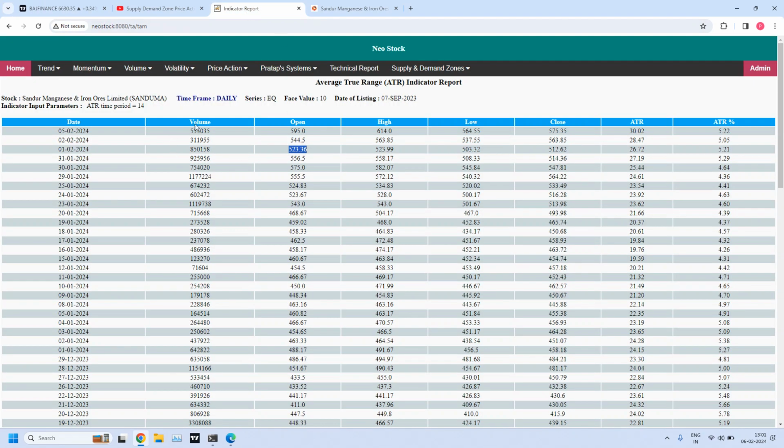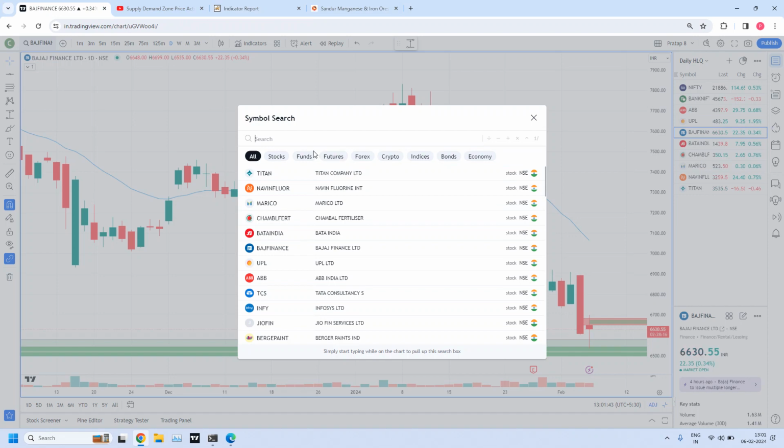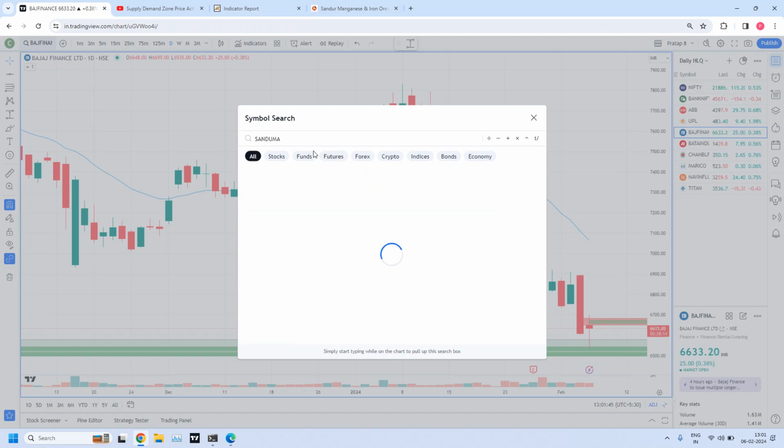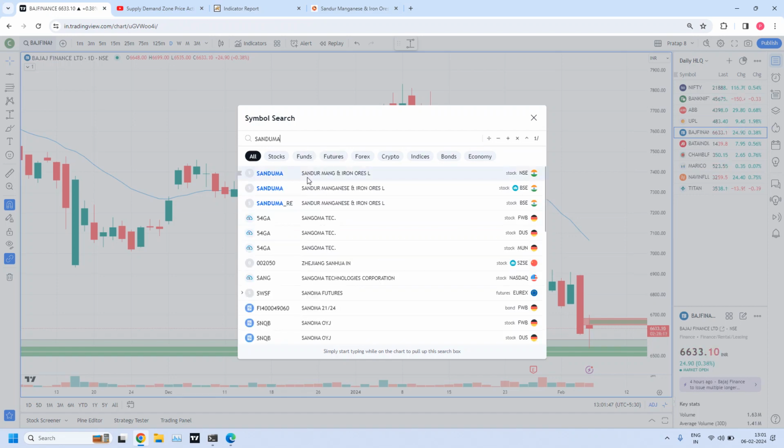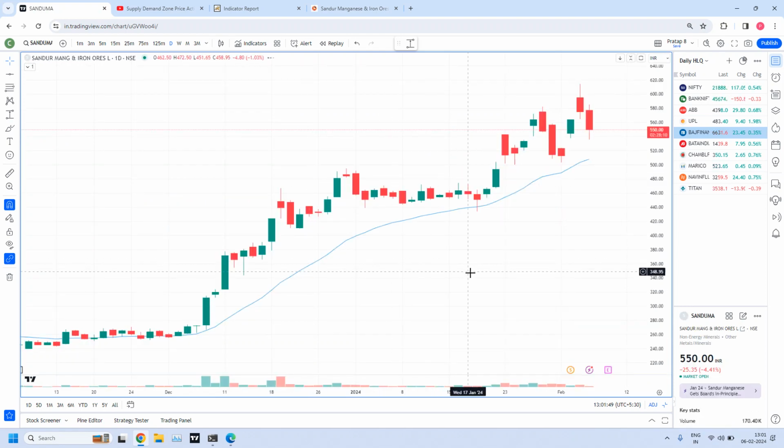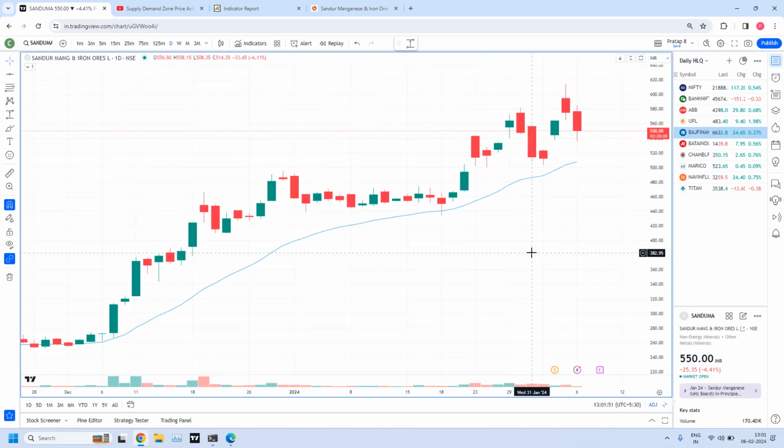What is the symbol for this stock? In TradingView, in NSE data, when we are checking on first, what is the open price? 523.35.